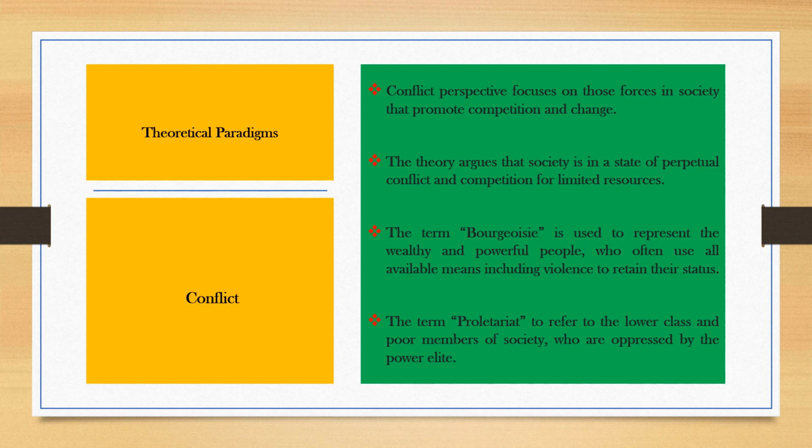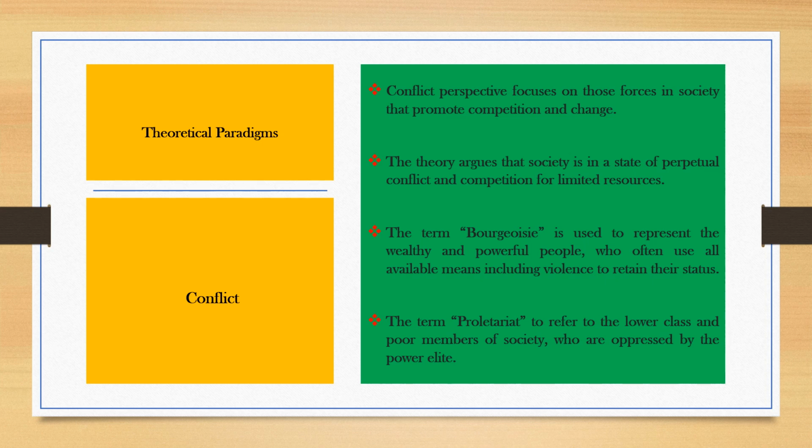This paradigm employs two terms to define the various broad structures that exist in society. It divides society into two diametrically opposed groups. We have the group it calls the bourgeoisie, which represents the upper class, the wealthy, and the most powerful.